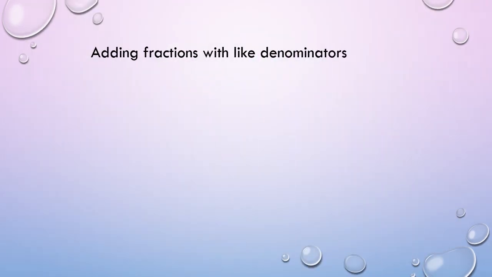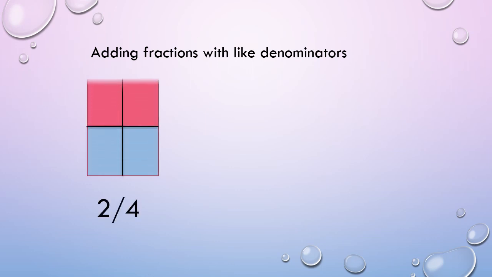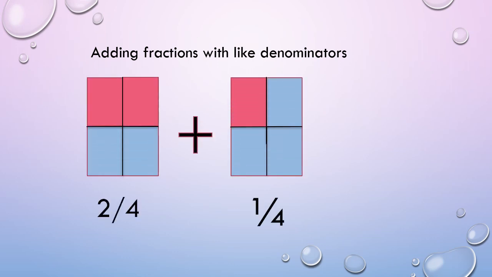Now we're going to learn about adding fractions. We're adding fractions with the same denominator. Both of the denominators are 4. So we know that there are 4 pieces that it's cut into.